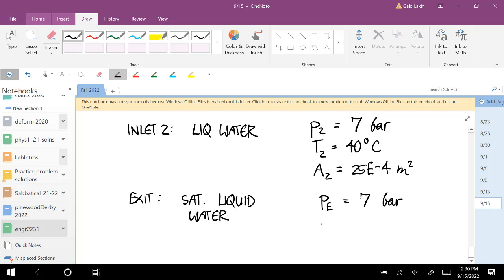And the volumetric flow rate is 0.06 cubic meters per second.